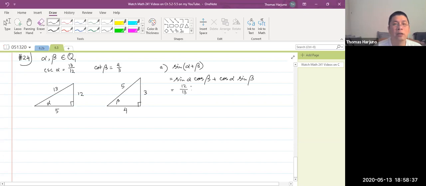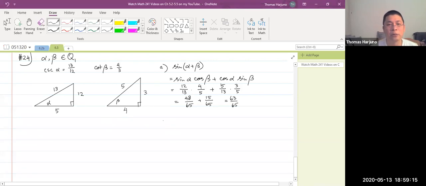Cosine beta is 4 over 5. They are all in quadrant 1, so all of them are positive here. Cosine alpha is 5 over 13, and sine beta is 3 over 5. I get 48 over 65 plus 15 over 65. That's 63 over 65.